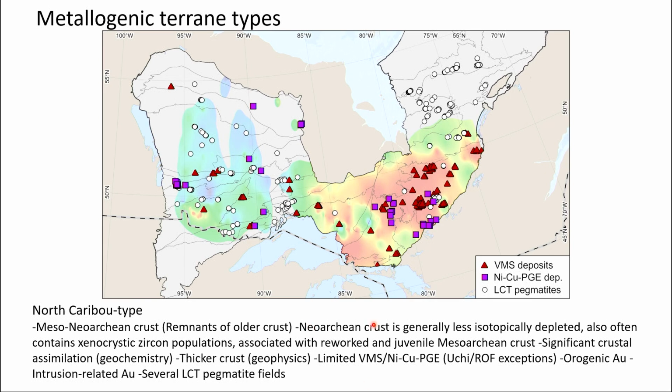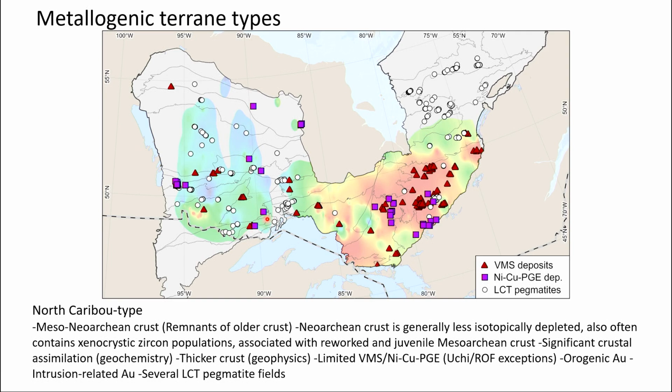There's significant crustal assimilation in terms of geochemistry in North Caribou terrain. There's generally thicker crust, but maybe thicker isn't the best word, maybe thicker and less variable. There's limited VMS, nickel, copper, platinum group, except Uchi might be a bit of an exception. There's some orogenic gold, some intrusion-related gold, but there are several LCT pegmatite fields.